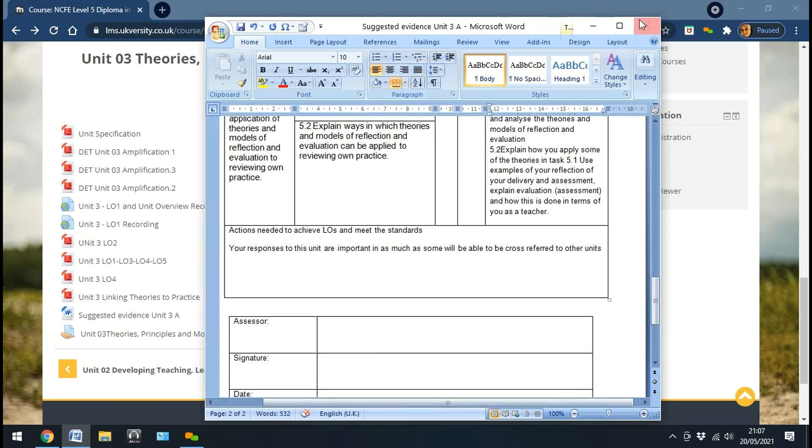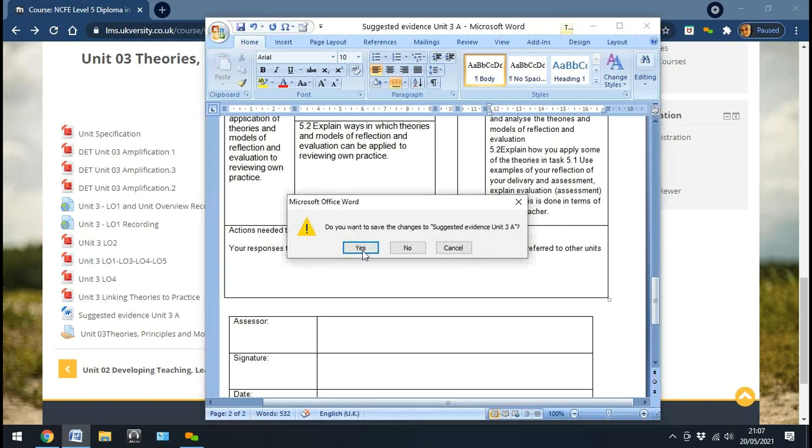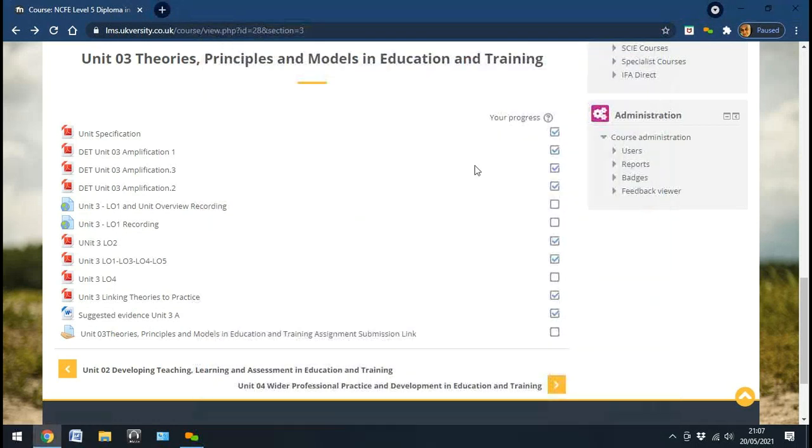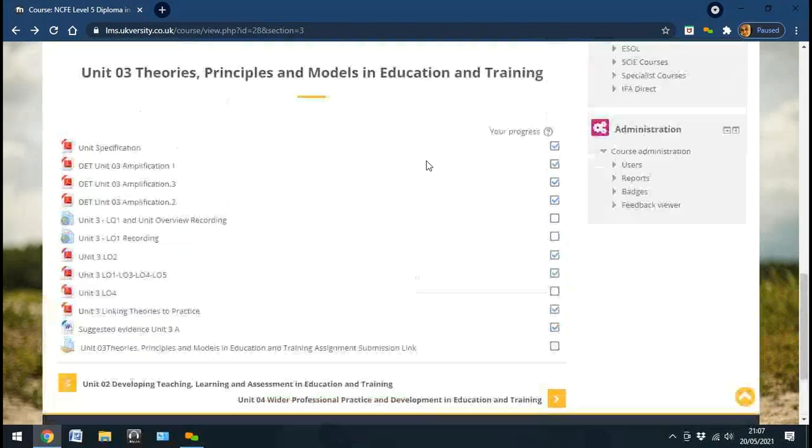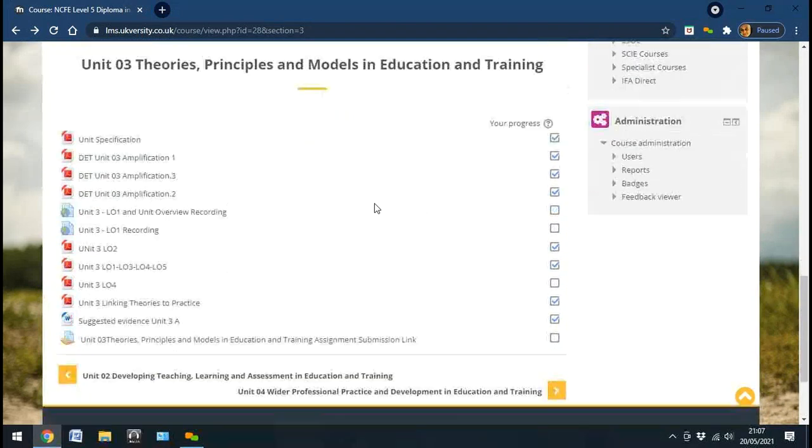Yes, I do need to change that. All this is available on the Moodle platform, and once you've completed something, you just pull the documents out, have a look at them, read through them before you start.